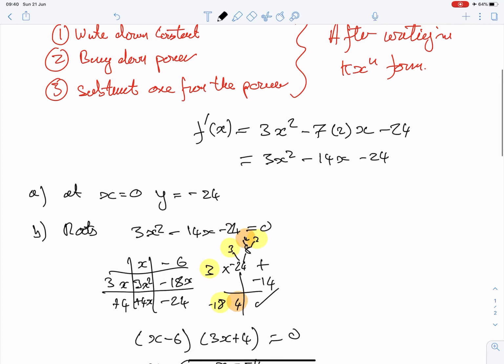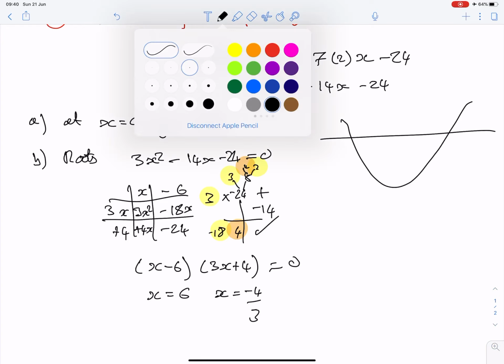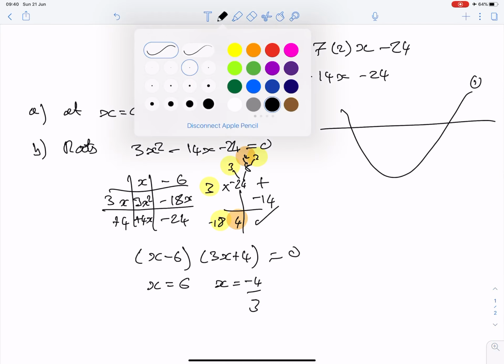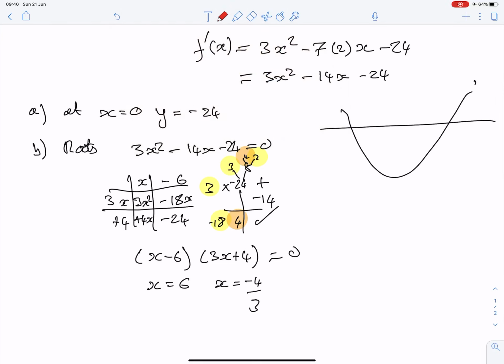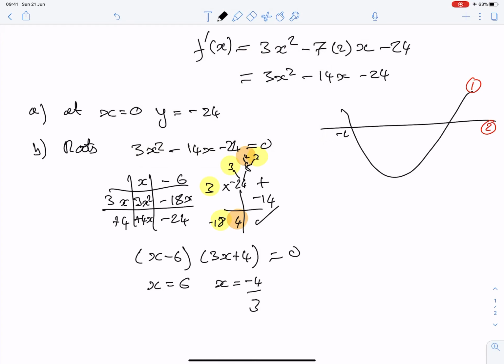Go back to part A. And we've got a positive quadratic. We've got roots. So I'm drawing my graph first. I put my x-axis on with the roots, which are negative 4 over 3 and 6.